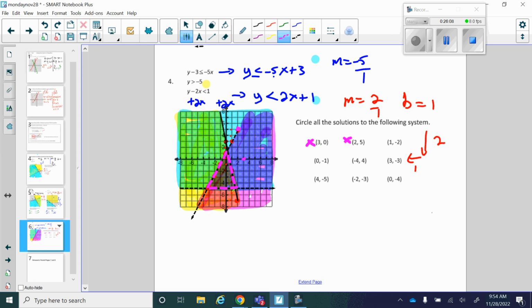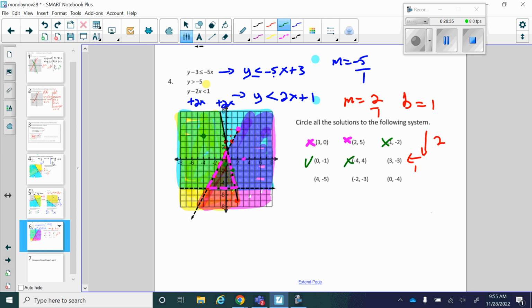Okay, 1, -2 is on the line. That's right, on the line. No, not going to take that one either. How about 0, -1? Hey, that's right here. Yep, that's in the shaded area. How about -4, 4? No, that's not going to work.